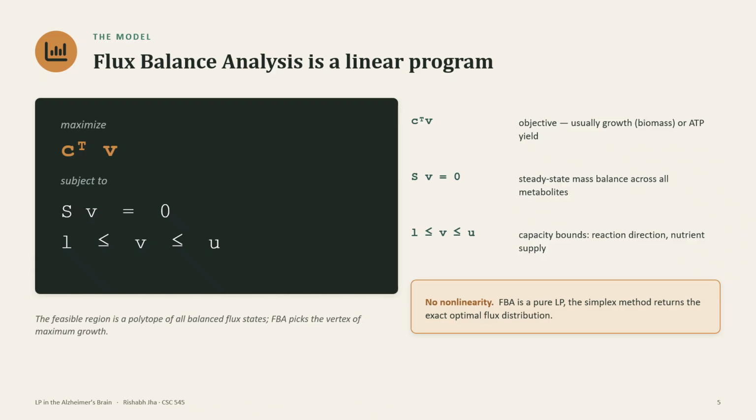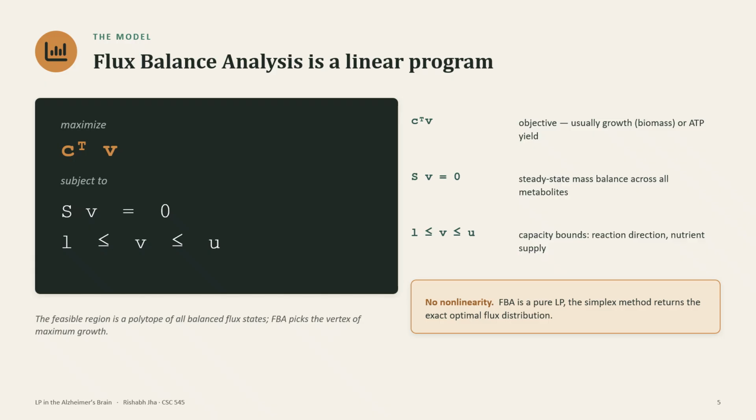Similarly, for a brain model, it selects ATP production. So changing C changes the biological question, not the algorithm. And it is subject to SV equals 0. So one equality per metabolite, so M equality rows. And here L is less than or equal to V, which is less than or equal to U. So the two physical facts are in one line.